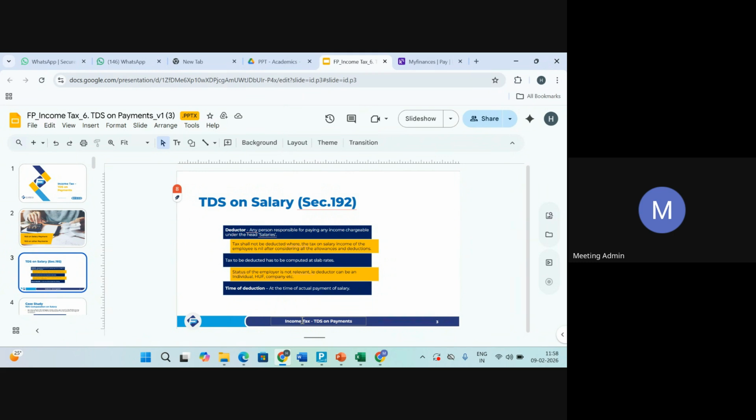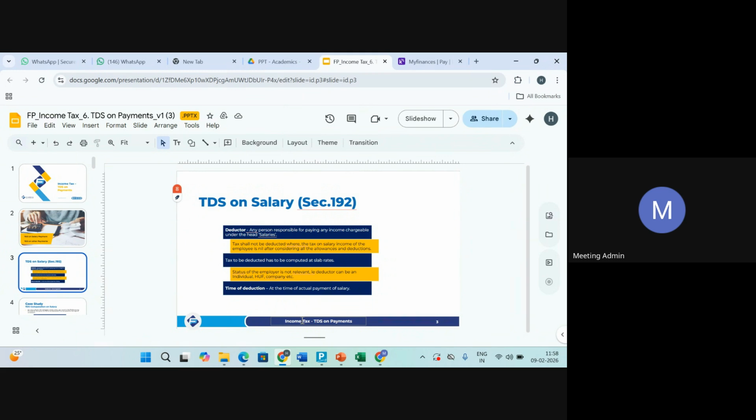Here you can see any person responsible for paying any income chargeable under the head of salaries. Since it's a direct tax, the deductor can deduct from our hand and pay it. If you have a TAN number and are registered with the income tax department, you can also go ahead and pay the taxes.